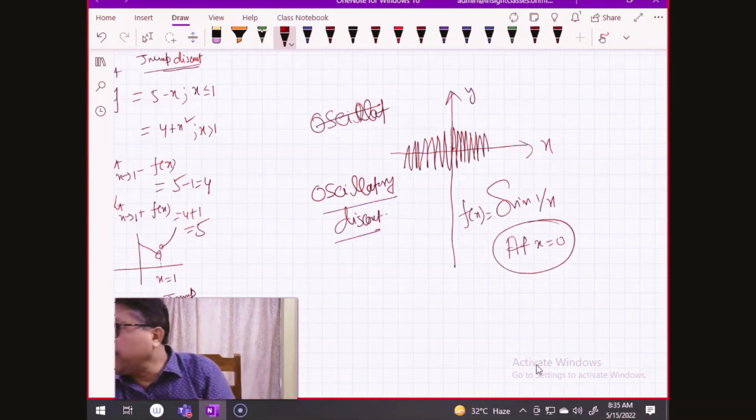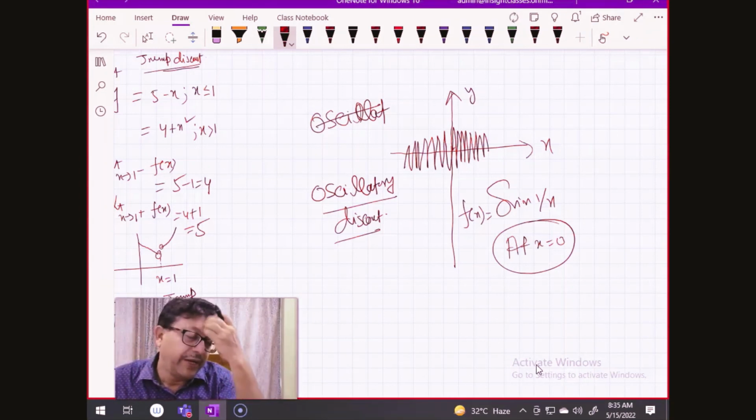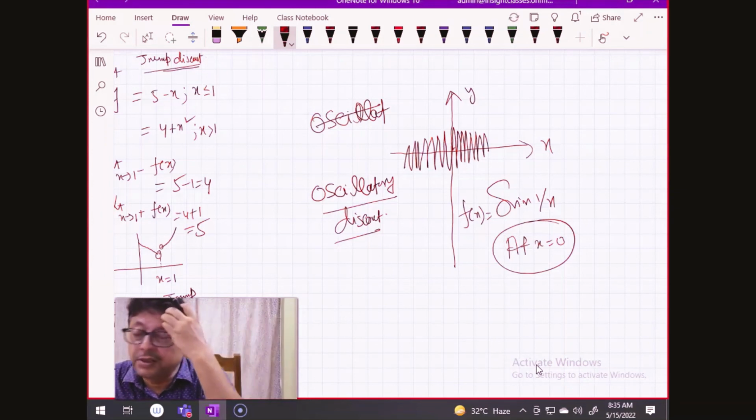You can write the formal definition of oscillatory discontinuity. A function y equal to f(x) is said to have oscillatory discontinuity at x equal to a if at least one-sided limit does not exist because of too much oscillation of the function.